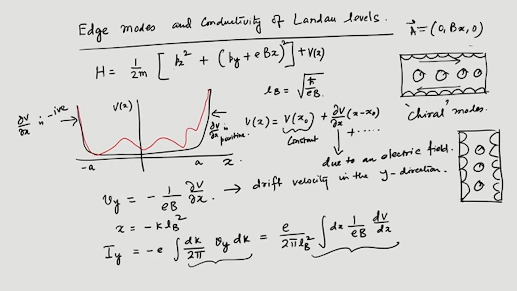Okay. Now, let me calculate this neatly. So, we have the Iy, this Iy can actually be calculated to be equal to e square over 2 pi h cross into VH, where 2 pi h cross is of course nothing but h, and VH is the Hall voltage. Okay.